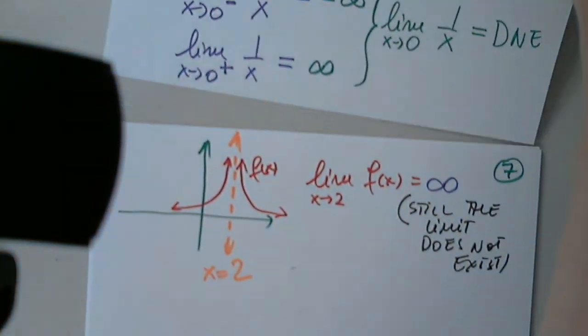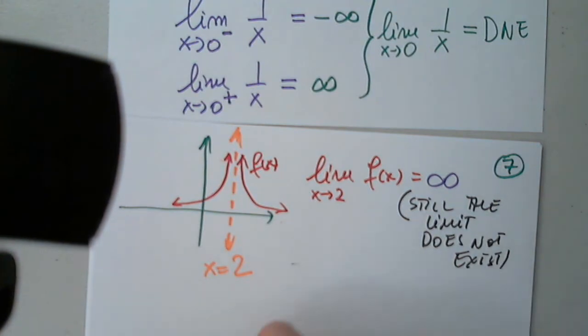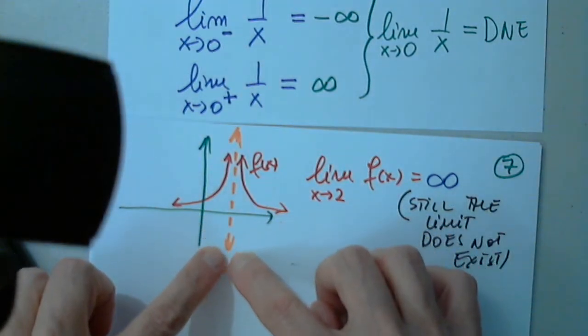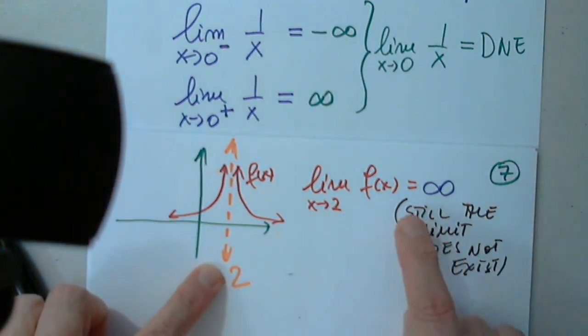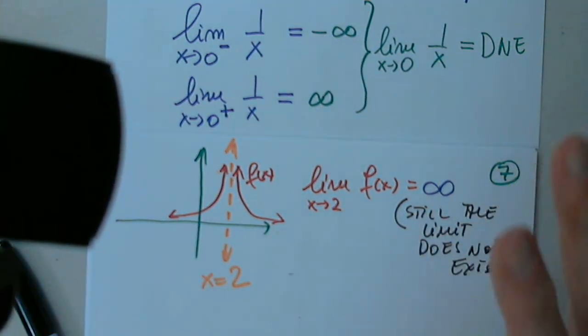If both sides are positive infinity, I write positive infinity. If both sides are negative infinity, I write negative infinity. But since this is not a number, the limit does not exist.